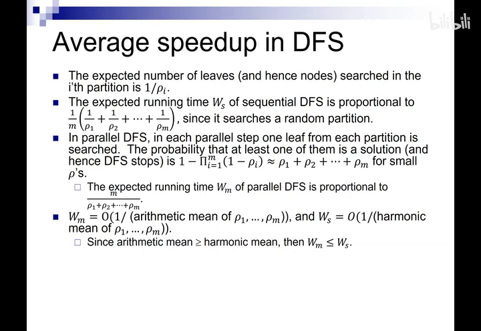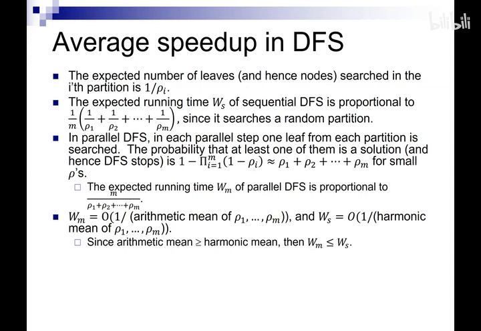Now we can compare the sequential and the parallel search algorithms. For the parallel one, this quantity is just equal to 1 divided by the arithmetic mean of these values. The arithmetic mean is just adding up these values and taking their average, so the parallel work is 1 divided by that.